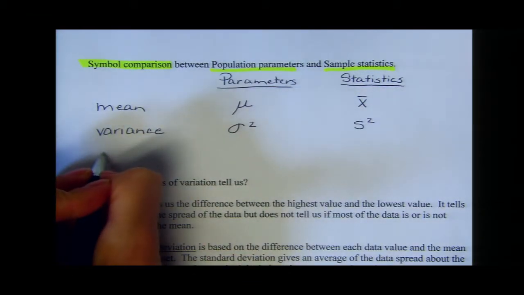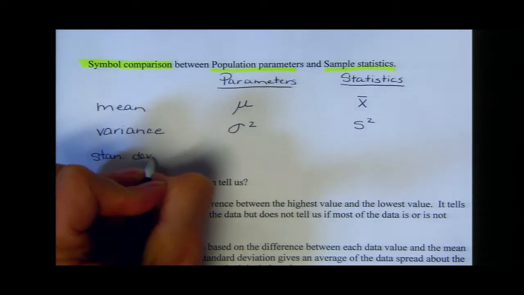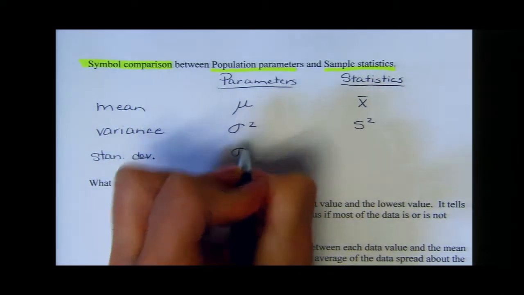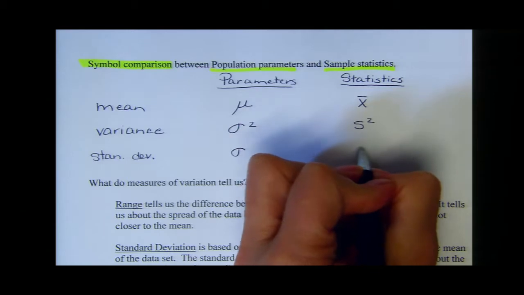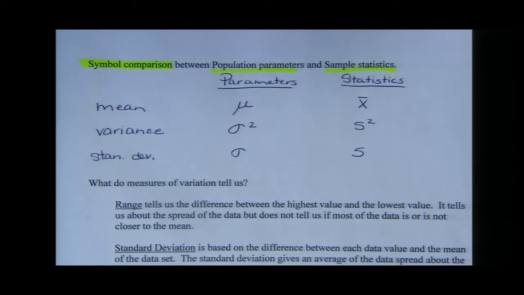And we have also calculated the standard deviation, which is sigma for the population parameter and s for the sample statistic. Very, very, very important.